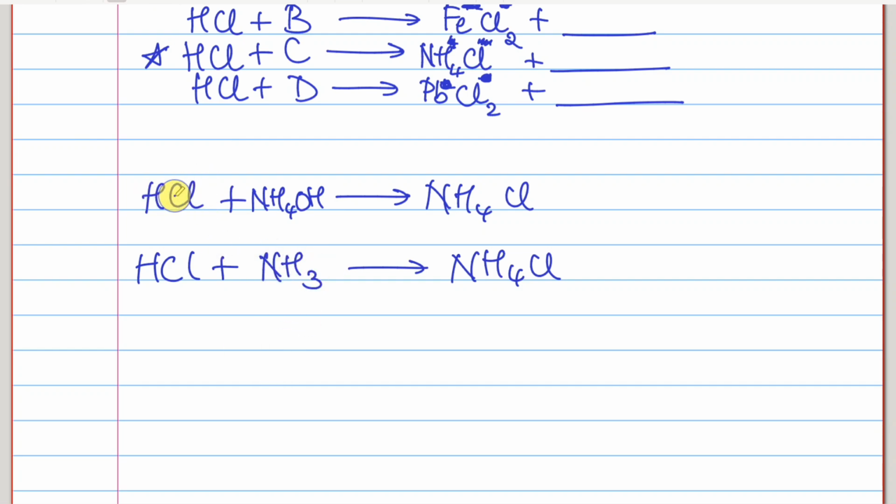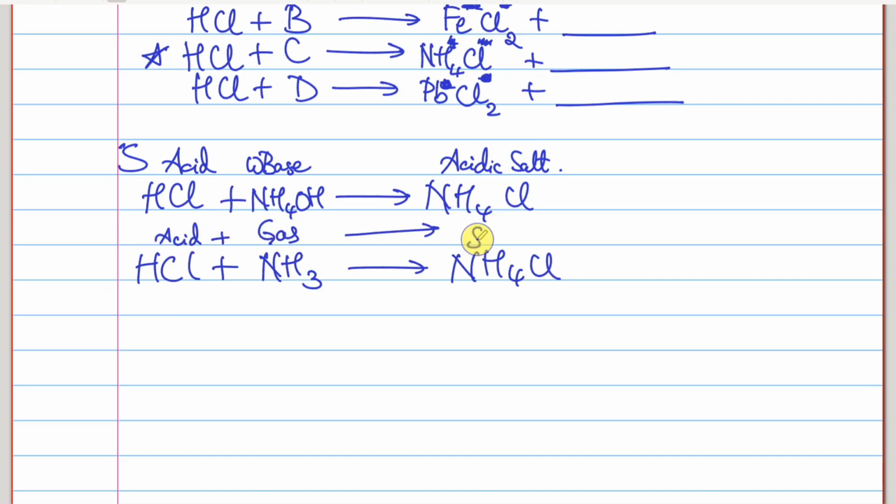Now we see HCl is an acid. NH4OH is a base. HCl is a strong acid and NH4OH is a weak base. So a strong acid will react with a weak base to form an acidic salt, right? Or they have given us HCl, which is an acid, reacting with a gas to form a salt.